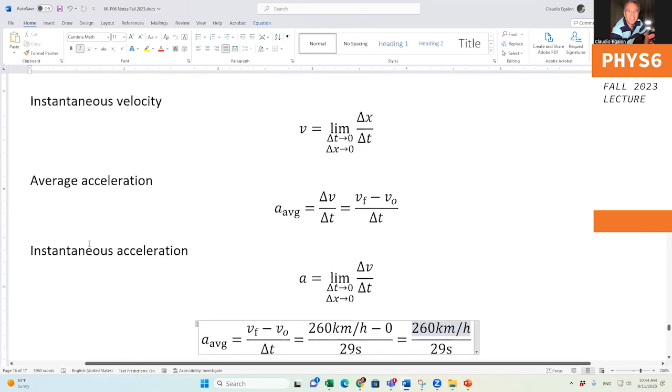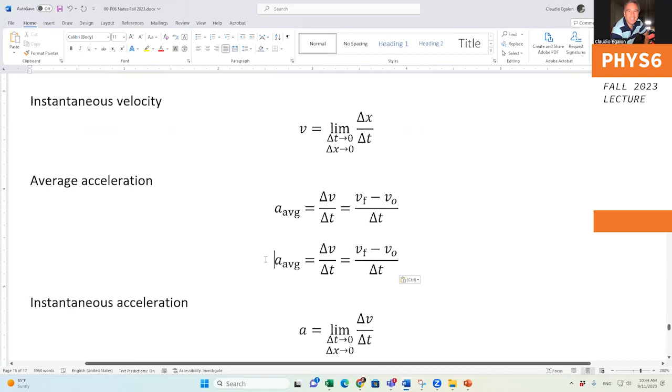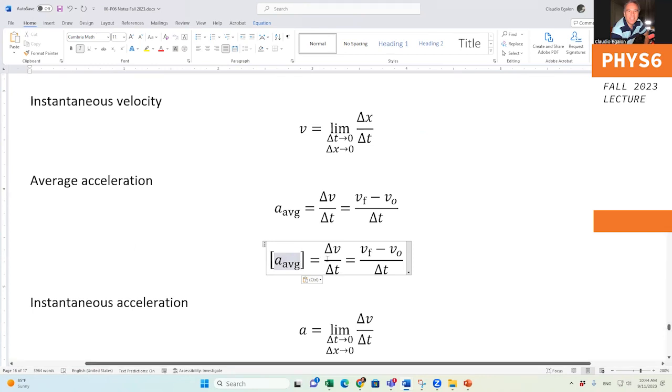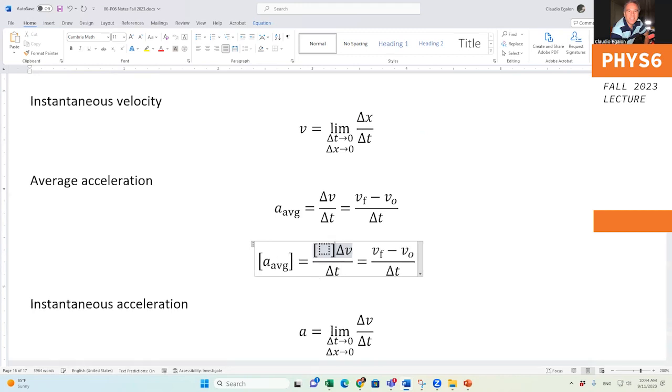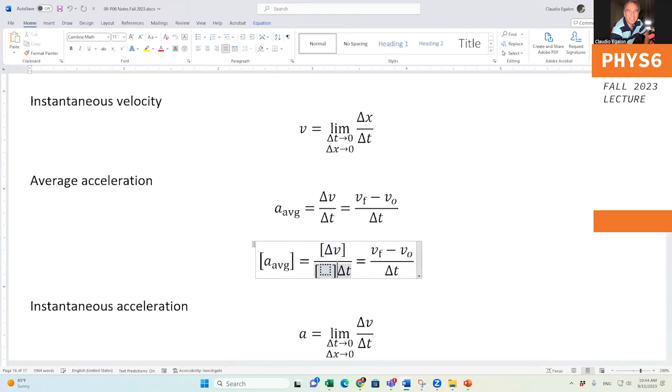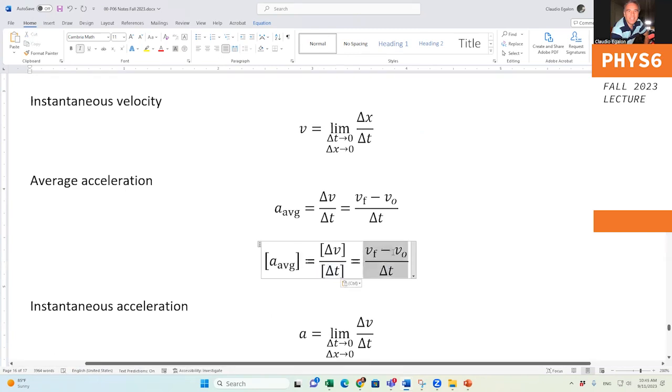The unit of acceleration, by the way, we can do a dimensional analysis here. It's going to be the unit of delta V divided by the unit of delta T. The unit of delta V is meters per second.